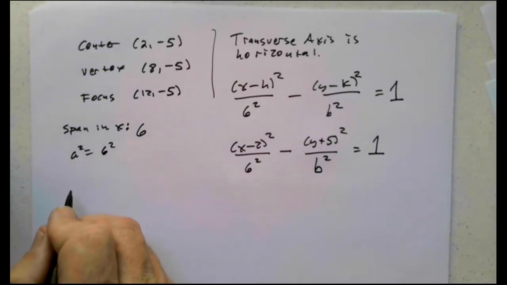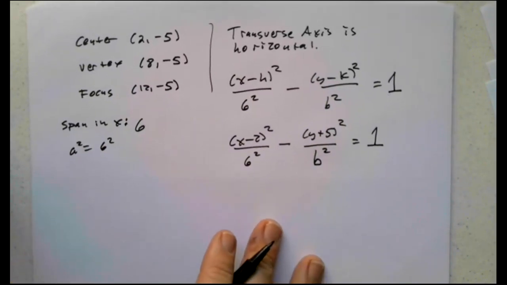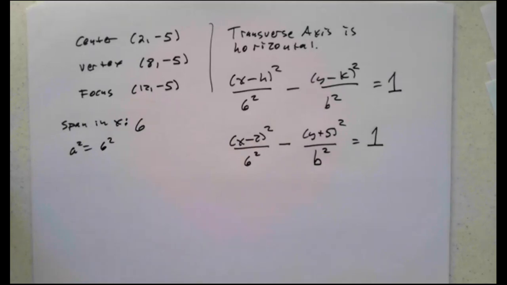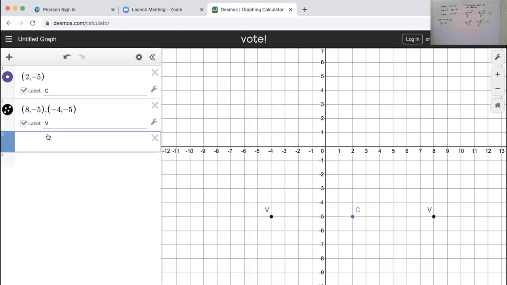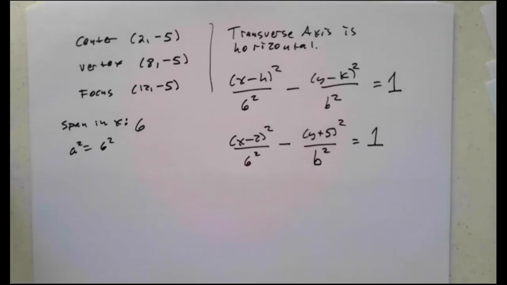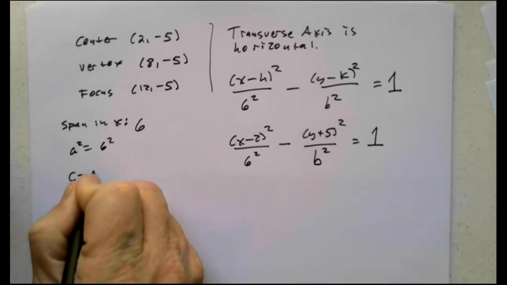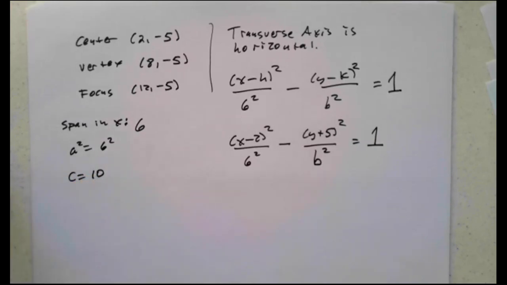So I'm looking for the distance from the center to the focus. Now our focus here is 12, -5, so let's look at that on the graph. 12, -5 is the focus. So what is the distance from the center to the focus? 1, 2, 3, 4, 5, 6, 7, 8, 9, 10. That's c. c equals 10. c is the distance from the center to the focus.